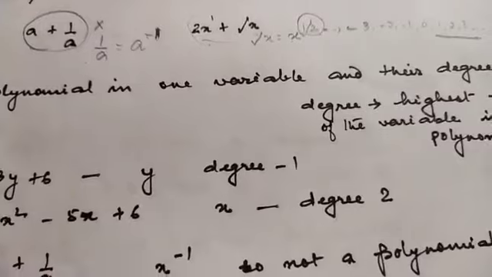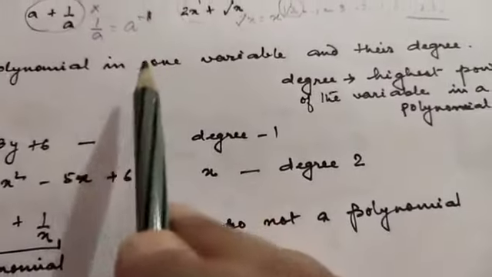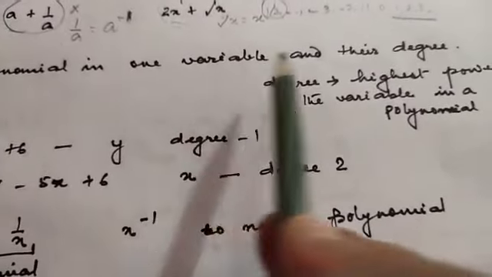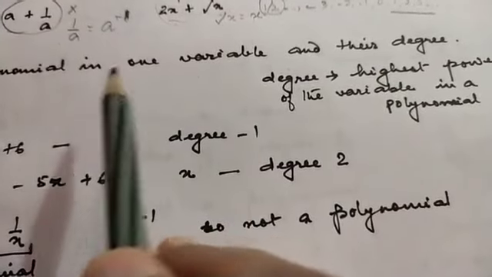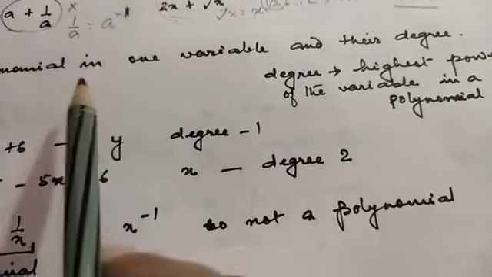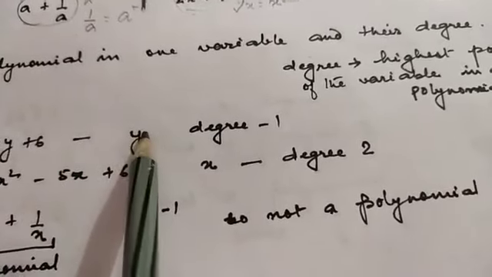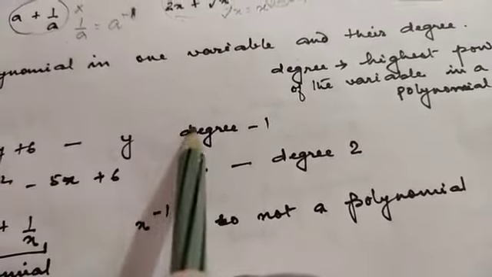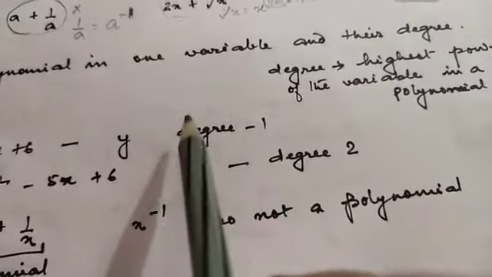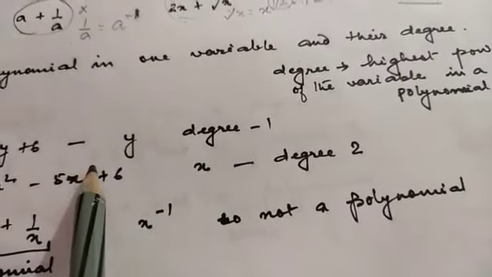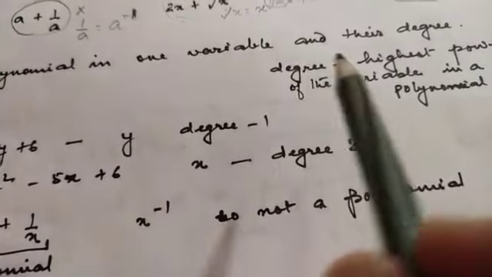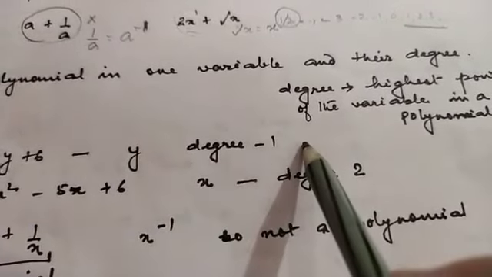And then what is the degree of it? Polynomial in one variable and their degree. This involves algebraic expressions which carry only one variable and in which the powers of the variable are non-negative integers.